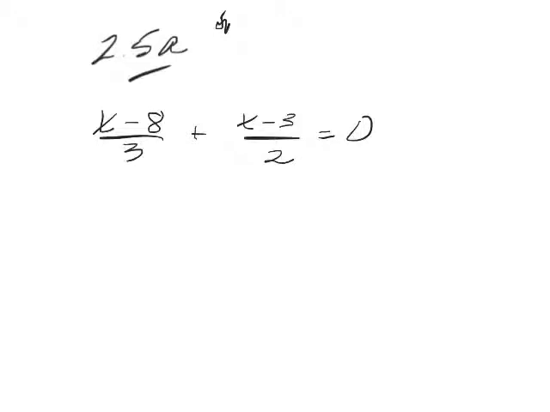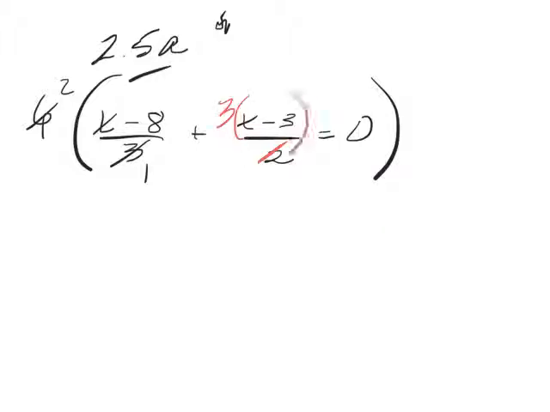In order to solve this, we're going to multiply the entire thing by the common denominator, and in this case it is 6, and that allows me to cross this out with 1 and this out with 2, and this part over here is also being multiplied by 6, so we're going to cross out the 2 and put a 3 here.